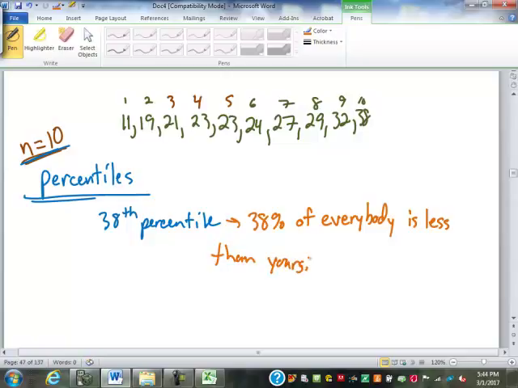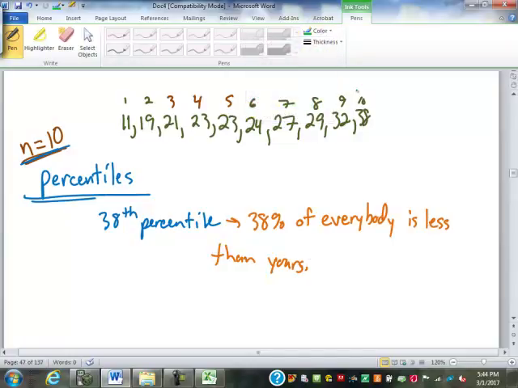So if you tested in the 38th percentile on a test, you took the admissions test or whatever, that means 38% of the people taking that test have a lower score than you. Of course, the other side of that is 62% have a higher score. So that's where you land within the data set.